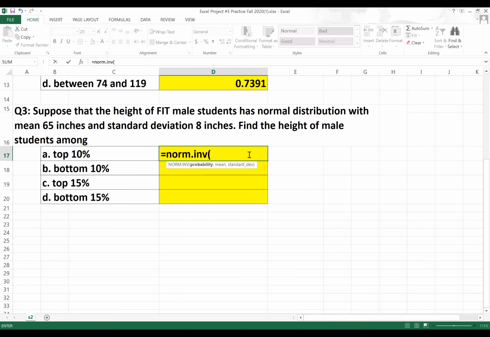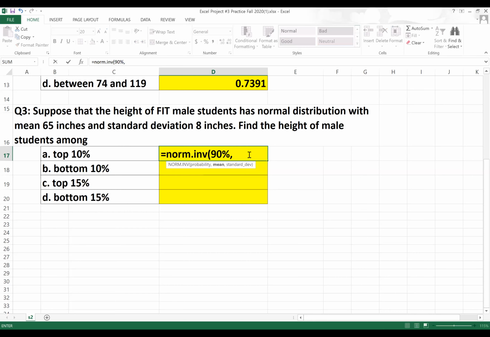Basically, this is the inverse process. For the probability, you put in the area to the left. Since it's the top 10%, that means the area to the left is 90%. You cannot use the area to the right, otherwise your answer will be totally off.